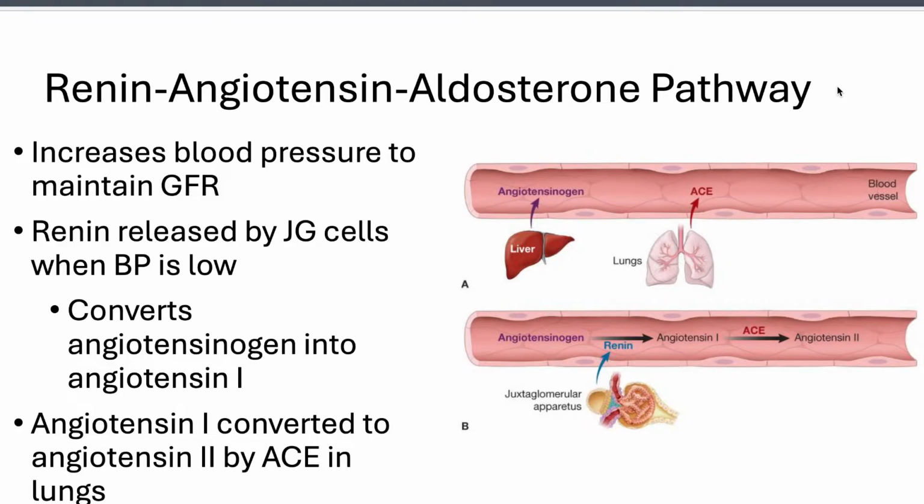And then that reacts with renin from JG cells, which creates angiotensin 1, after which ACE from the lungs makes angiotensin 2.